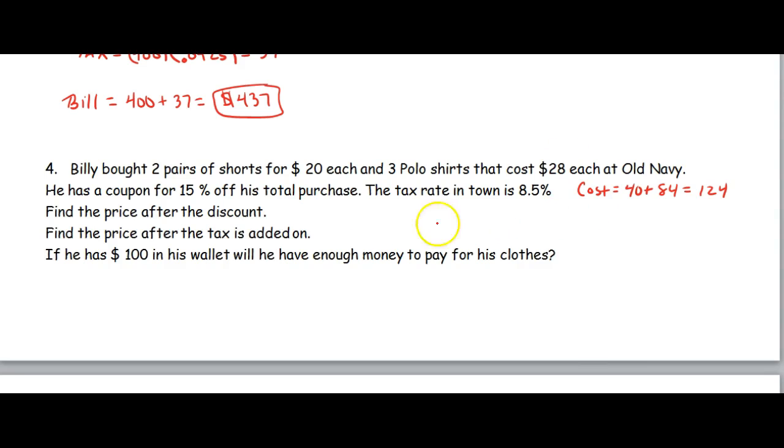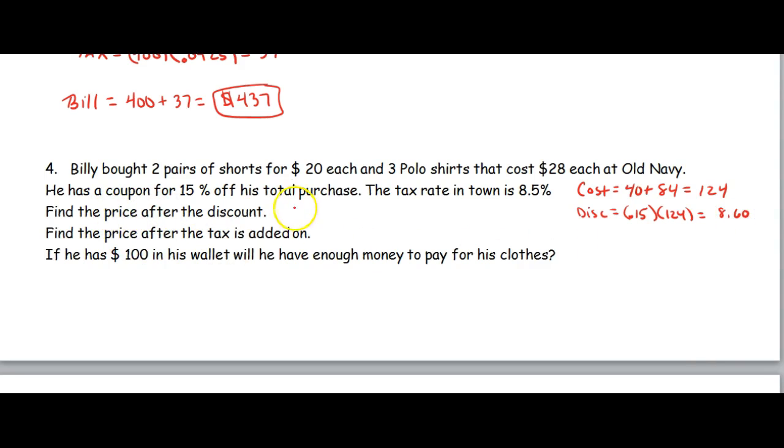So, right away, if we go to find the discount, what percent is he getting off? He's getting 15% off. So 0.15 times 124 tells me the discount would end up being $18.60.